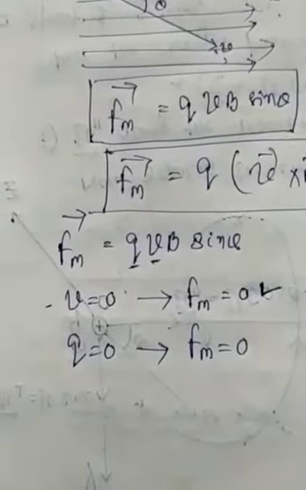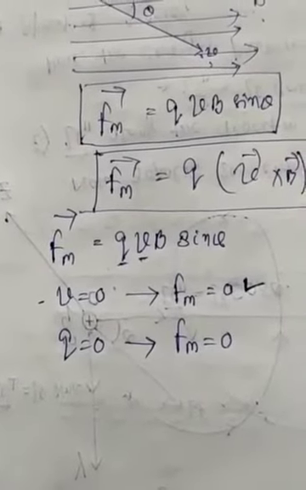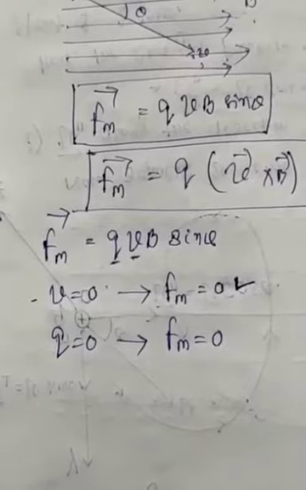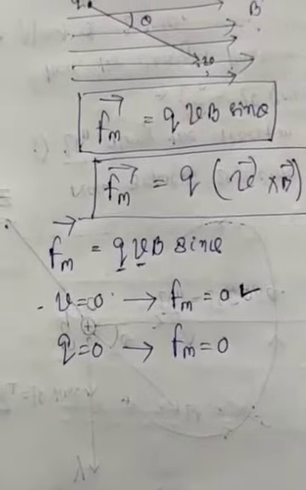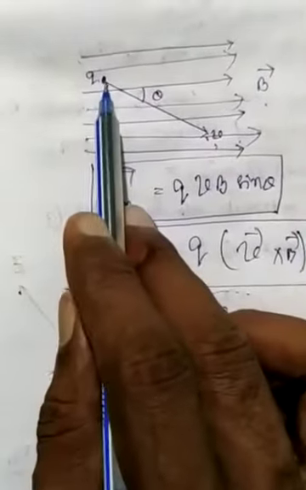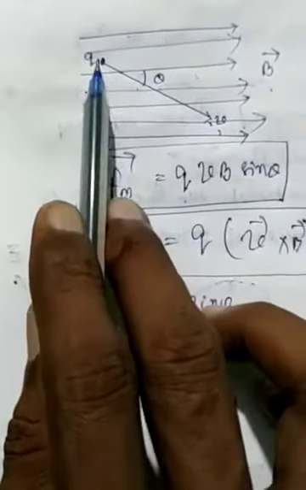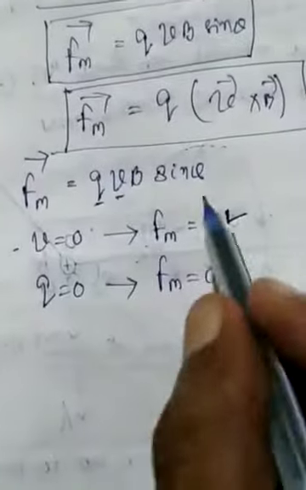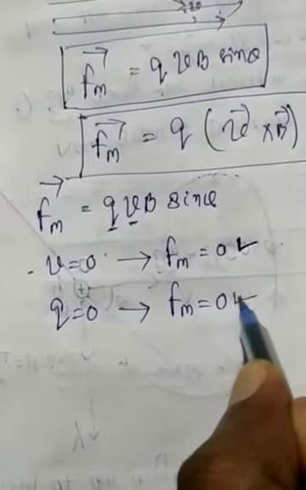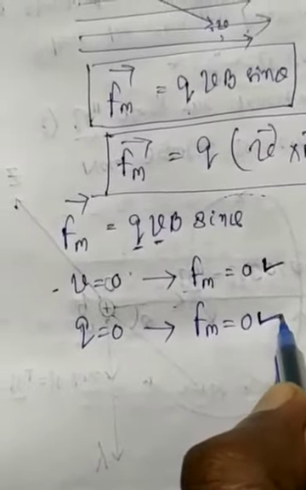So what is this? Q equal to 0 means the particle is said to be neutral. So whenever a neutral particle is placed inside the magnetic field, no magnetic force will act upon it.